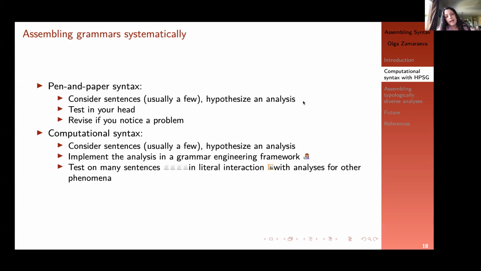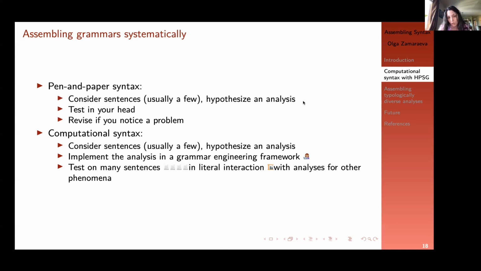And the analyses of different phenomena can be in literal interaction with one another, right? Unlike in pen and paper, when you have to hypothesize an analysis for, let's say, how tense works in a language, and then you need to not forget about what your ideas are about how, for example, the person system works in this language.